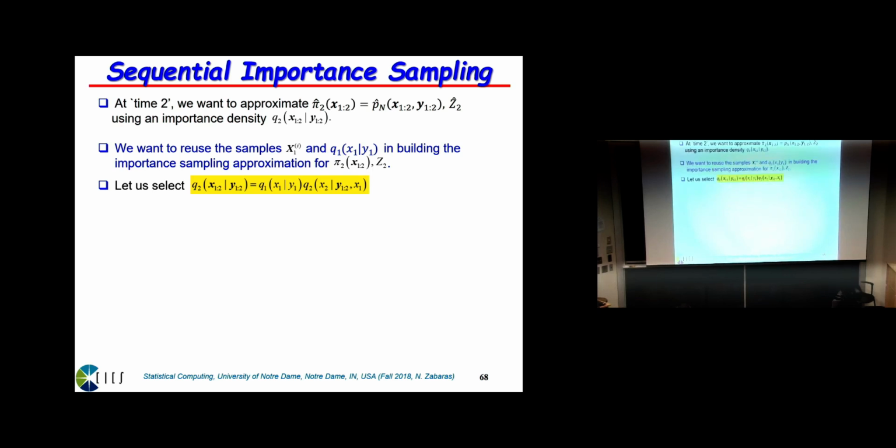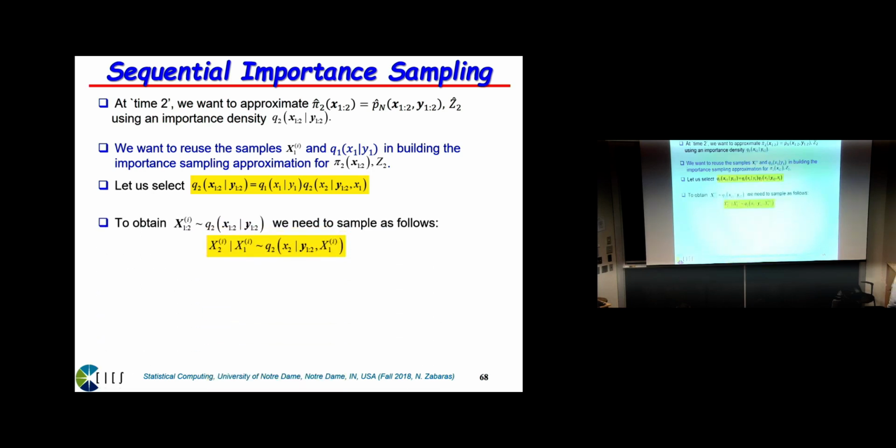Because this is a dynamical problem, think of it as you sample x1, and then you take that sample x1 and move it forward in time. That's why this method is called a particle method, right? It's like you have particles that move in space. So x1 is moving to x2 with this incremental proposal distribution. So this is what I just said.